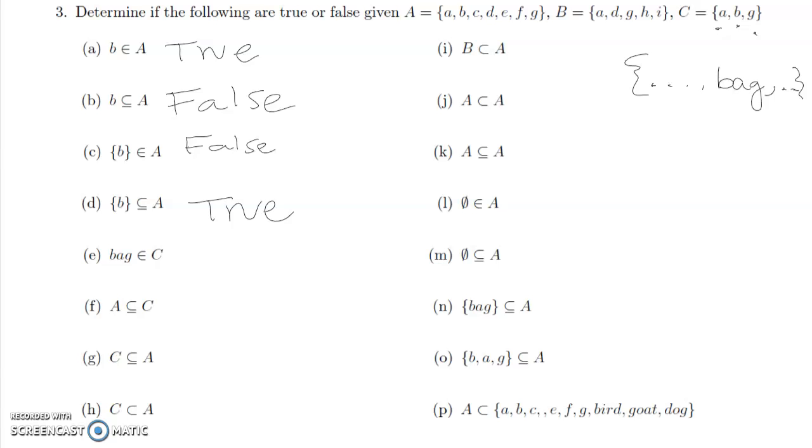There's a difference between individual letters versus a collection of letters being an element. So over here, bag, the collection of letters, does not show up in the list for C. So this would be a false statement.